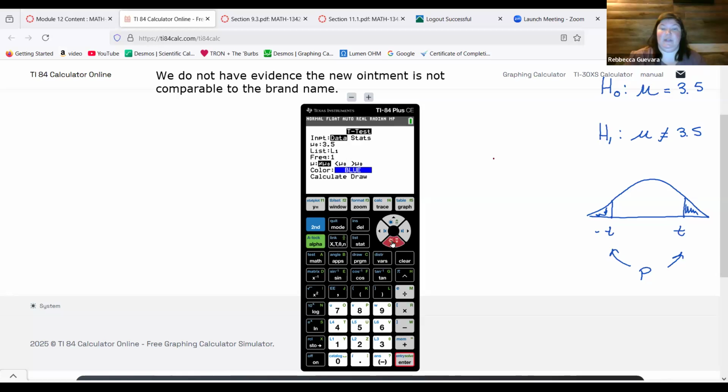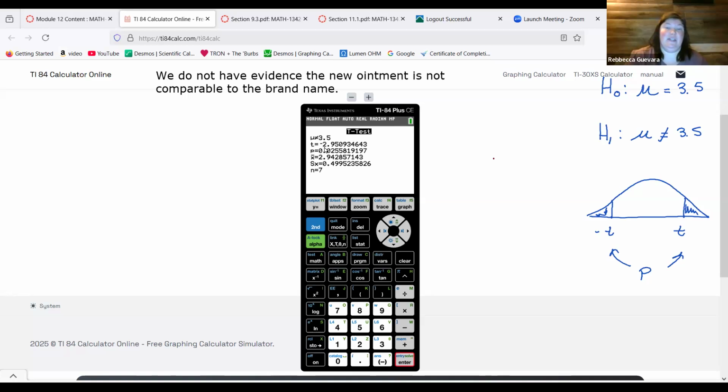So down here, we want to make sure that my frequency list is L1. So once again, null hypothesis says the mean is 3.5. Our sample here is in L1. And we have to decide what kind of test we're going to do. And we had said that we were just doing a two-tail test. So we're going to look at the mean not being the same as 3.5. So we calculate.